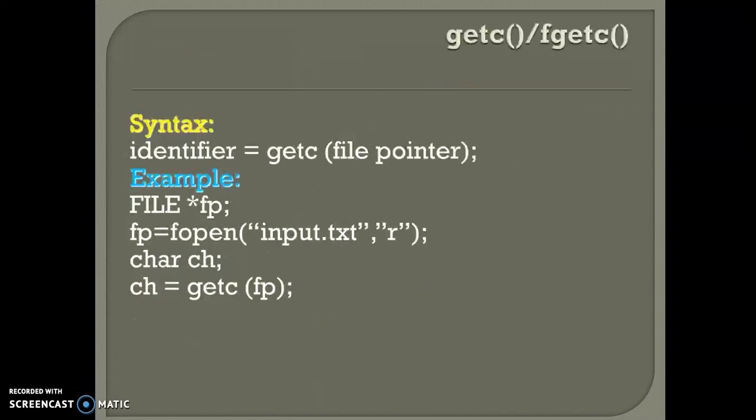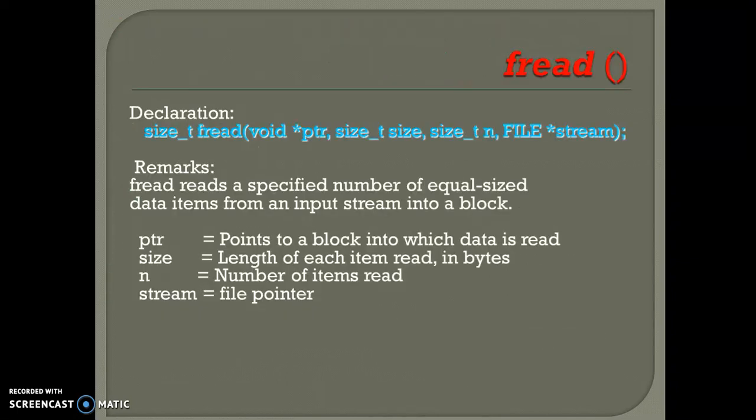Let's see the syntax of fread and fwrite. They have a similar syntax, there is no difference. The first thing is the address of the variable, or address of the record variable, like a structure variable or array variable.